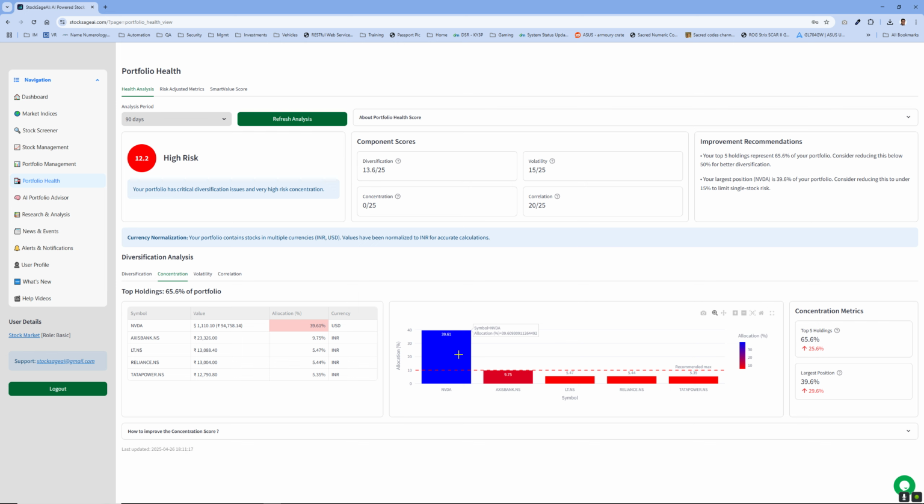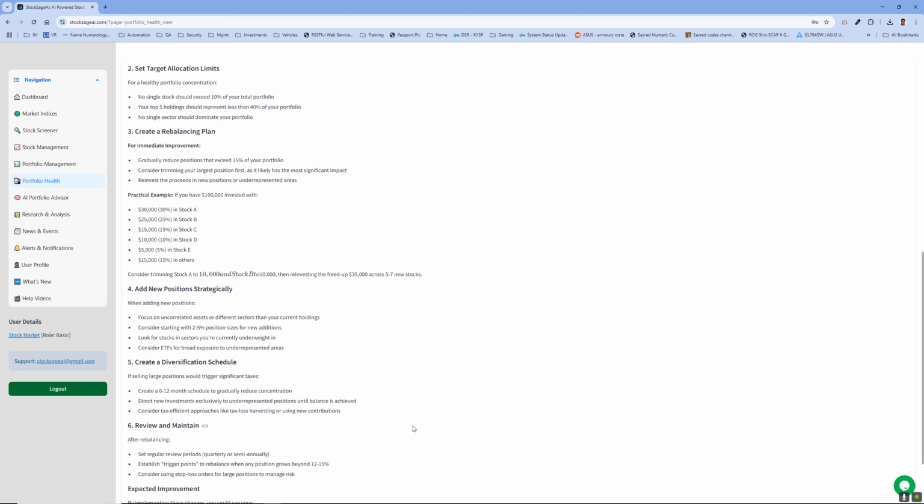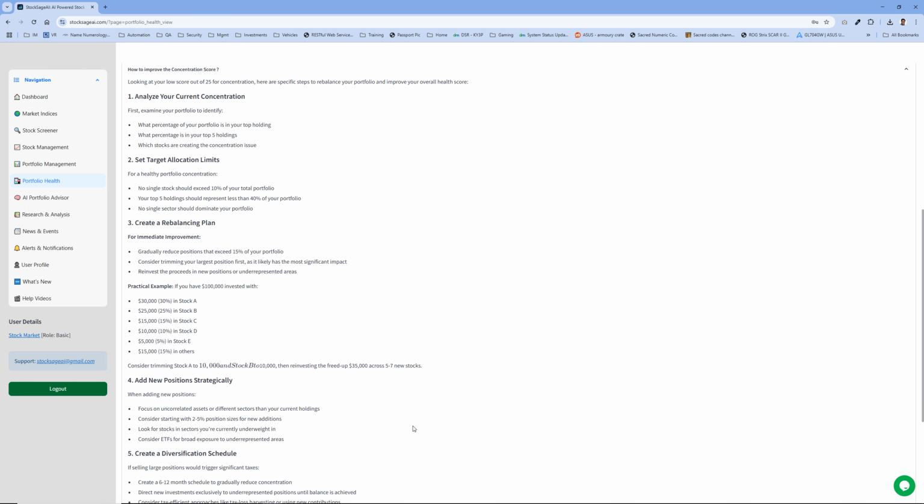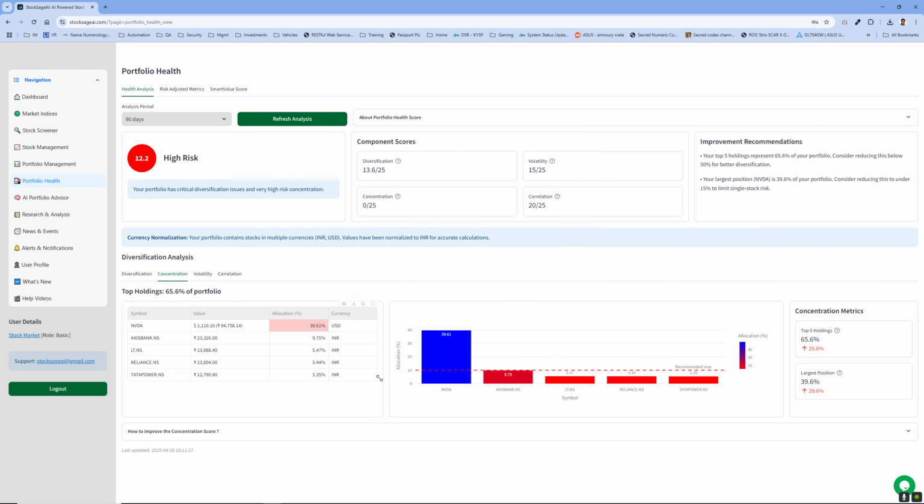The ideal figure or the percentage per stock level is 10%, which the AI recommends. So, this is something which we should look at and improve the concentration. We also have certain help mentioned over here in terms of how we can improve our concentration in the portfolio.